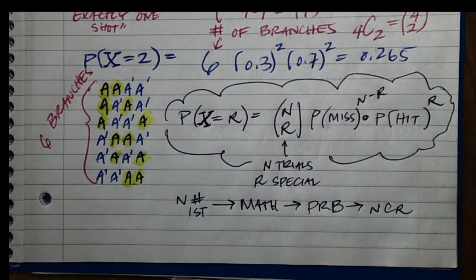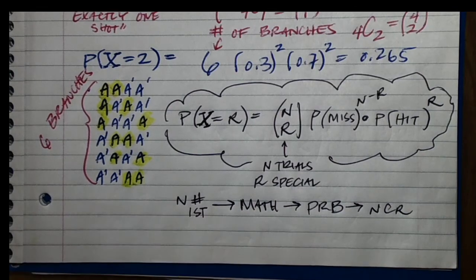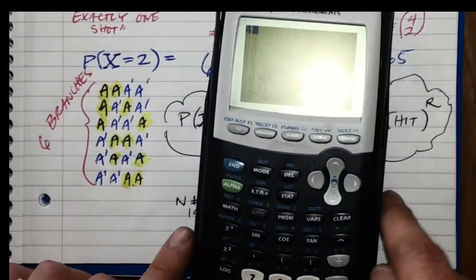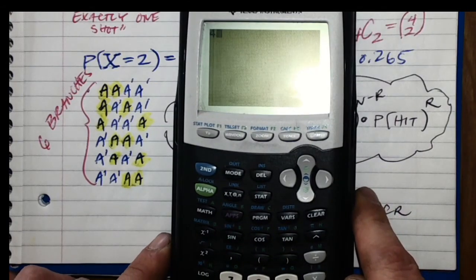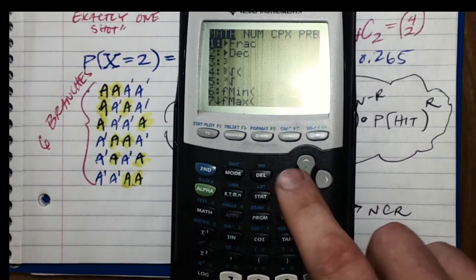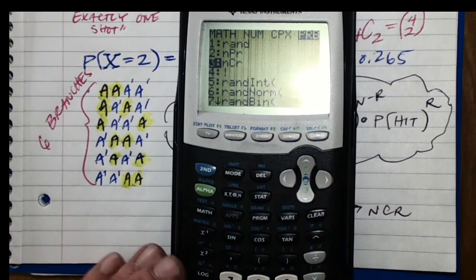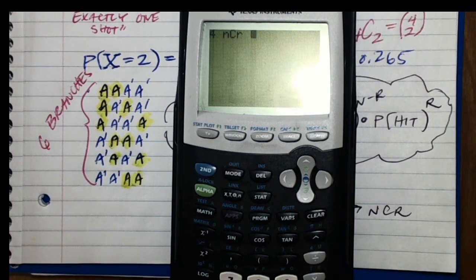So when you put it in here, I tend to always forget this. You put 4 in ahead of time, and then go math, over to probability, and then choose the nCr option, and then whatever you wanted to put there.